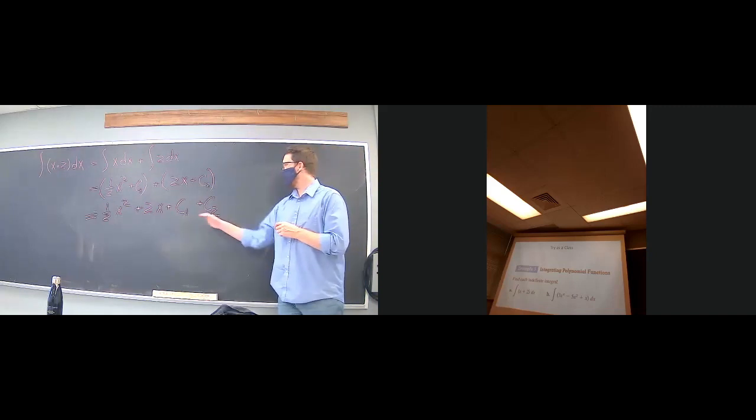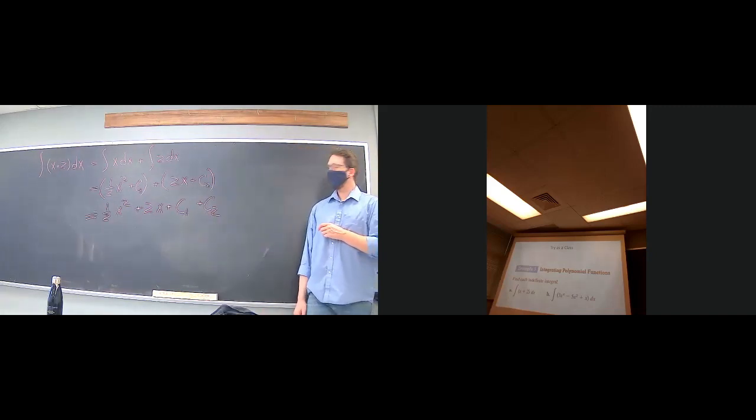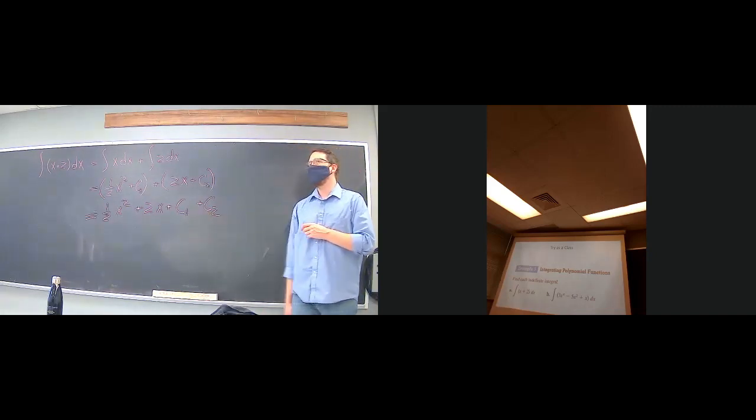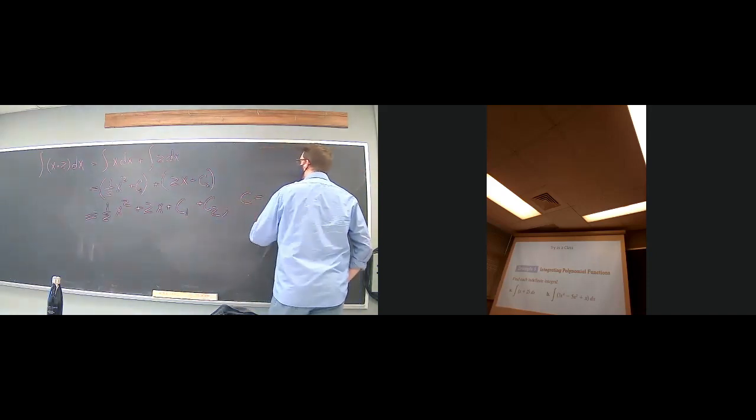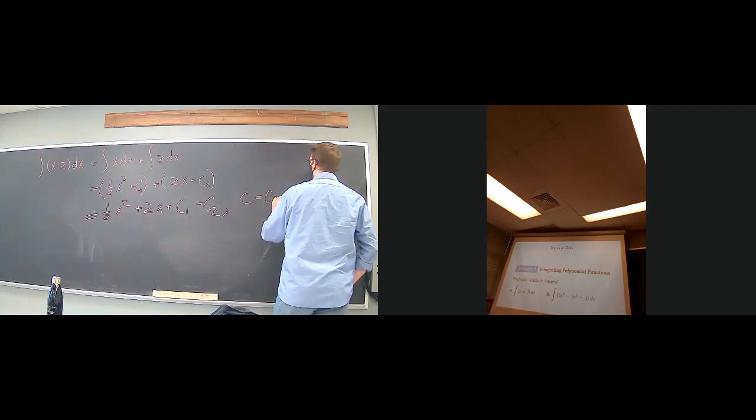We have two constants here. Since I don't know what they are, why don't I just go ahead and combine them together and call them a new constant? They're constants, right? They're not going anywhere, they're not changing anytime soon. So why don't I go ahead and say C is going to be equal to C1 plus C2, and rewrite this whole thing as 1/2 x squared plus 2x plus C.